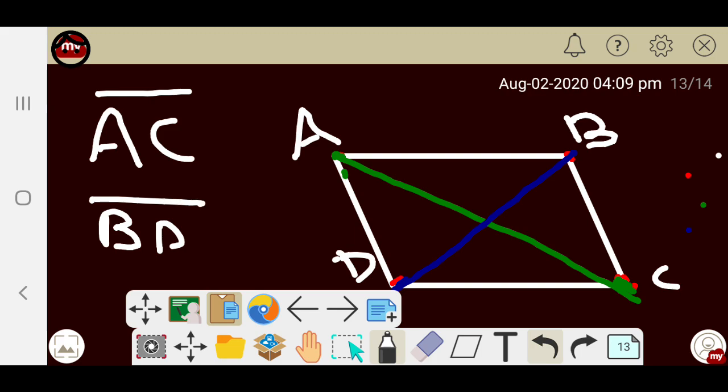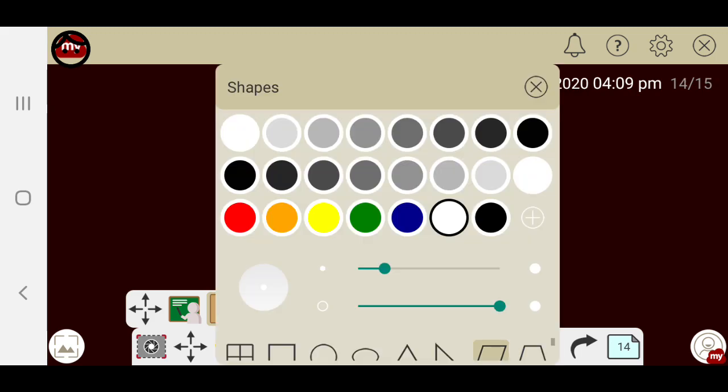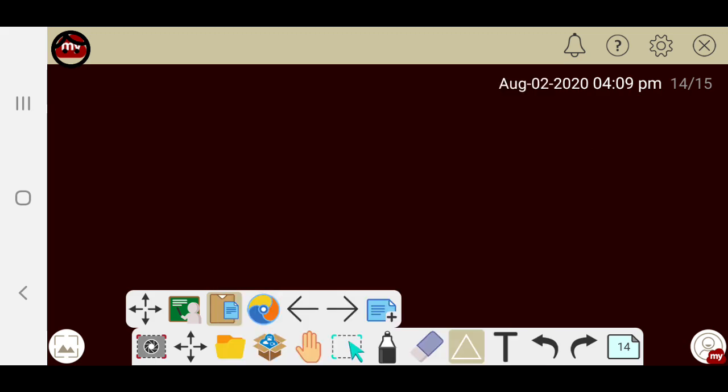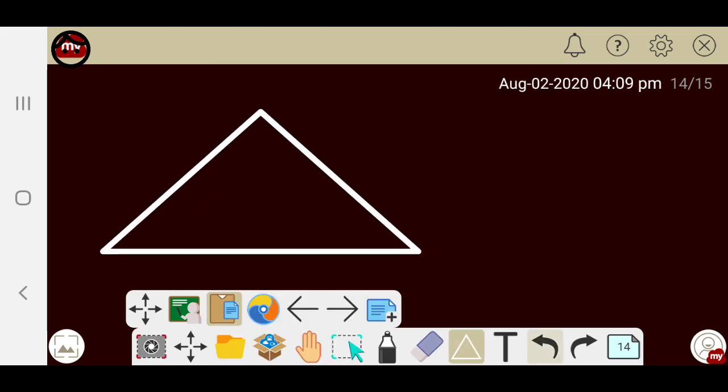Now for another shape. Let me ask you a question. A triangle. Can you draw a diagonal for this triangle?